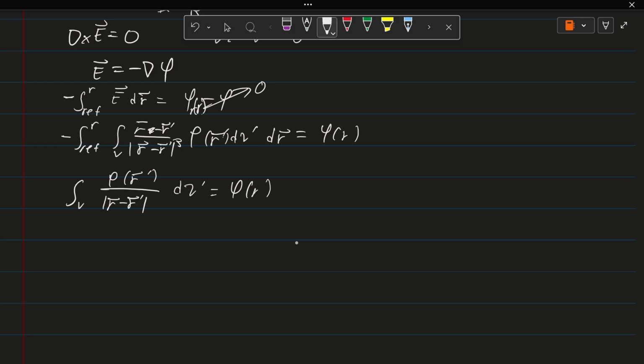No, sorry, there should be a 1 over 4 pi epsilon 0 here. So there should be a 1 over 4 pi epsilon 0 at the outside.